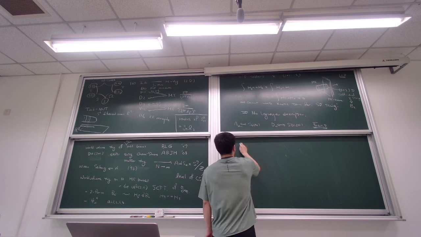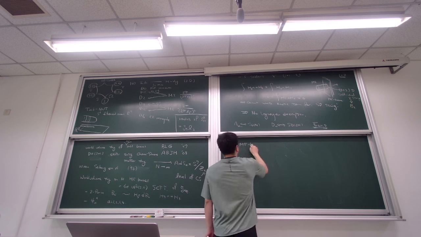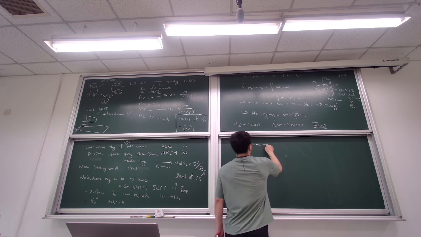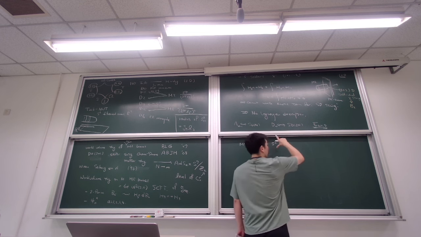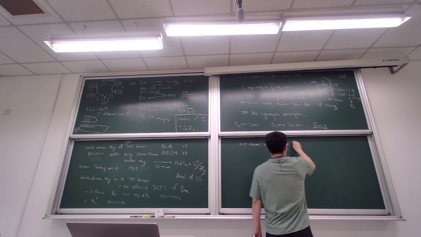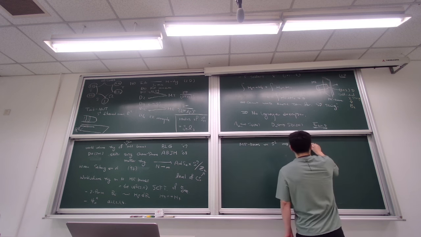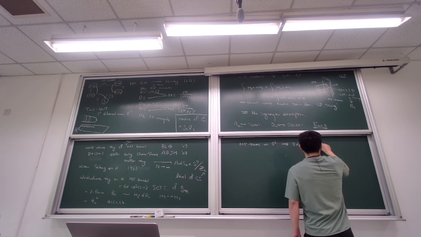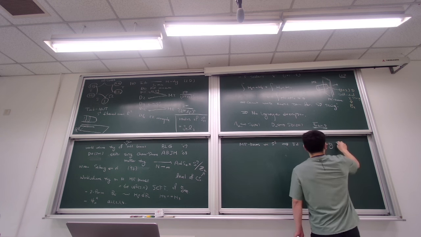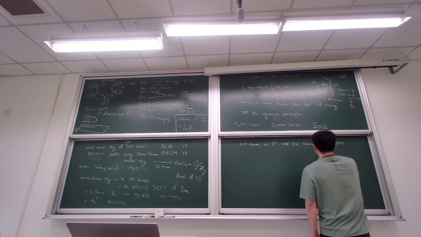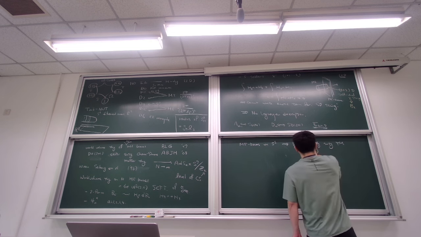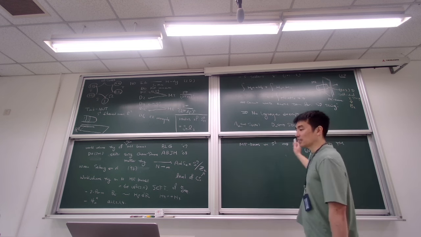For instance, if you put the M5 branes on S1, and if S1 shrinks to a point, this will give 5D maximal supersymmetric Yang-Mills. People sometimes call it N=2. This has a Lagrangian description.